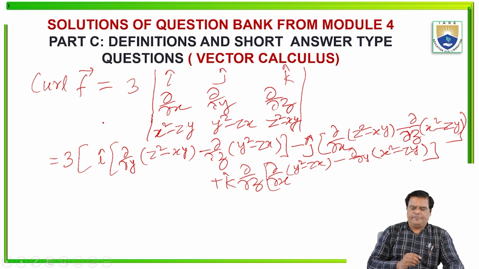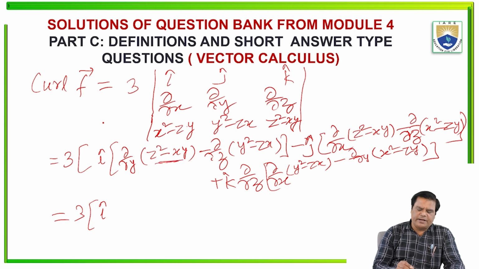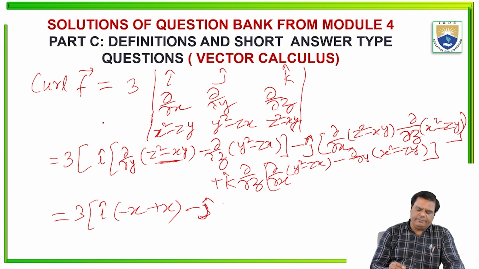Finally we write 3, here i, and differentiating with respect to y we get minus x, and differentiating with respect to z we get plus x. Now minus j, differentiating with respect to x is minus y, and with respect to z, plus y.